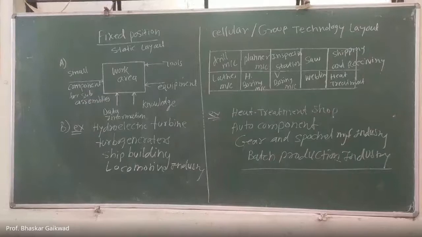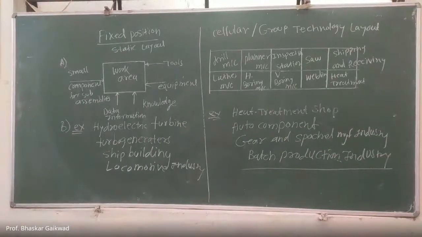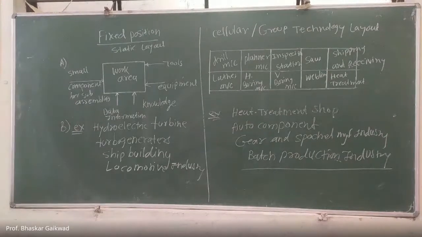And for this a common inspection station is there. After that, cutting machines, all types of saws, hacksaw, band saw, slitting saw, should be in one place. Welding, all types of welding, arc welding, seam welding, laser welding, TIG, MIG welding should be in one place. Heat treatment should be in one place. So this is the cellular or group layout.